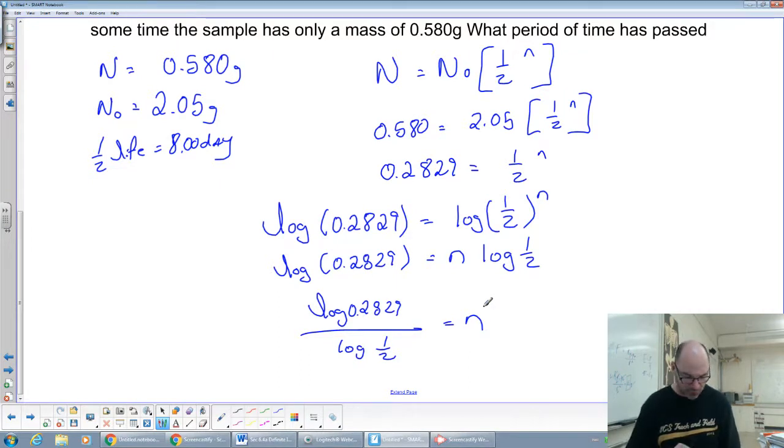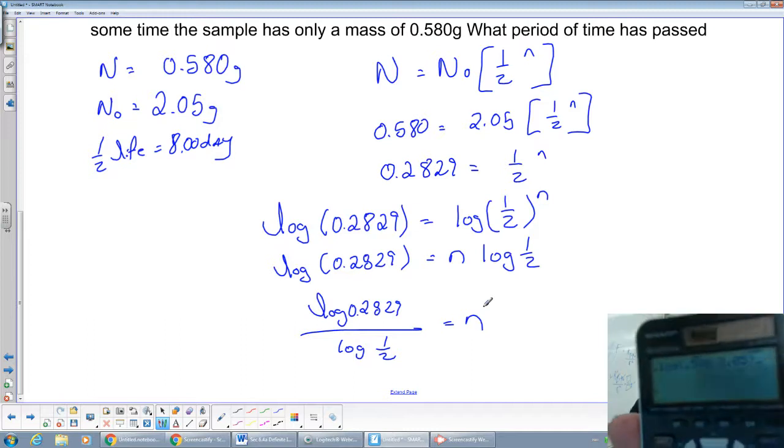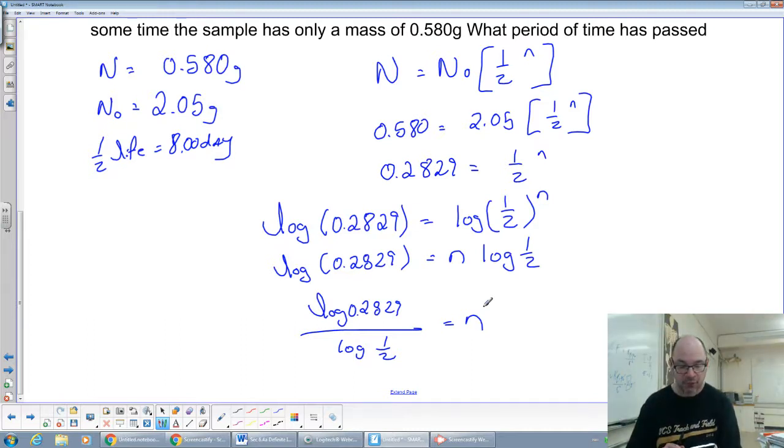Depending on your calculator, I usually go log, and then I put in brackets, because I like to get the exact number, 0.580 divided by 2.05, and I close the brackets like that. Then I get a number, and I divide that by the log of 0.5 or 1/2, and I get 1.82.